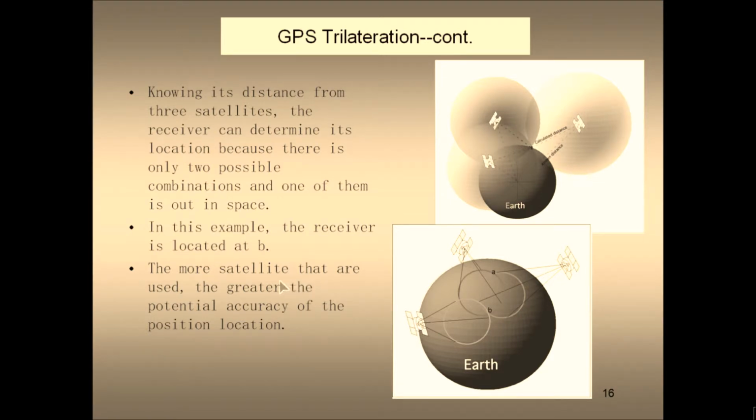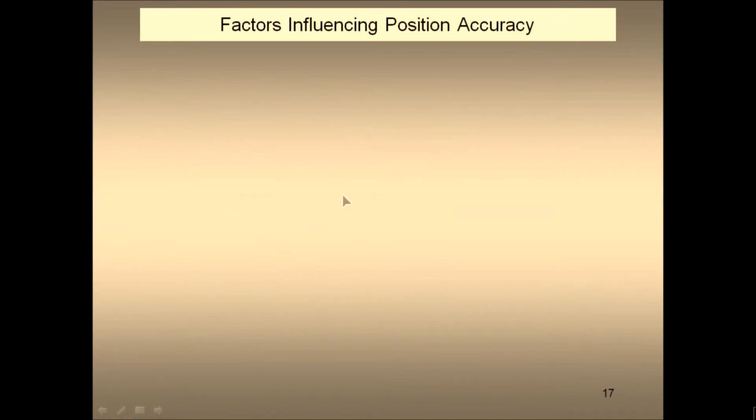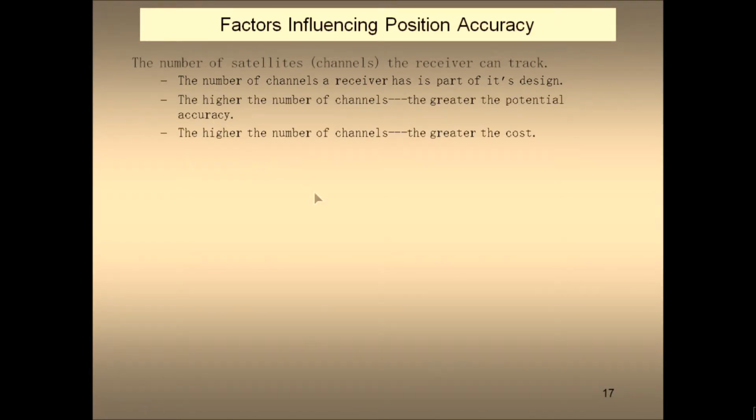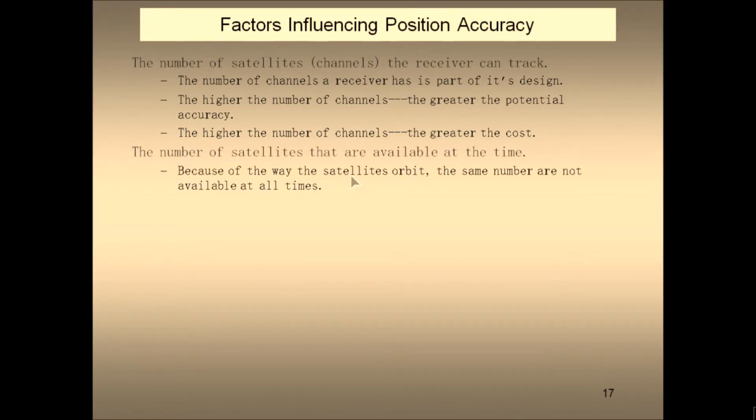So what are the factors influencing the positional accuracy? The number of satellites the receiver can track, the number of channels the receiver has, is part of its design. The higher the number of channels, the greater the potential accuracy, and the greater the cost. And the number of satellites that are available at that particular time, because of the way the satellites orbit, the same number are not available at all times.